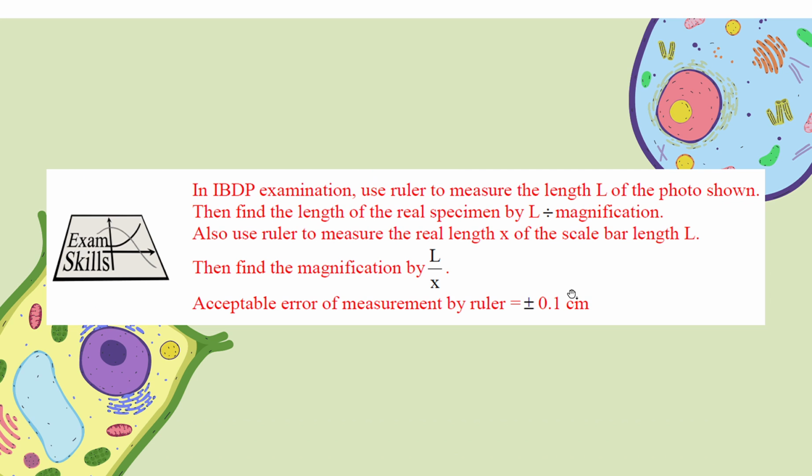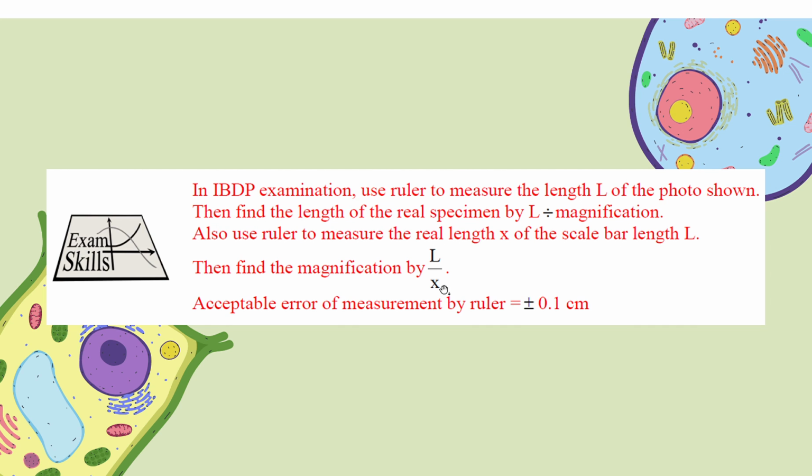In IBDP, remember, you need to do a few steps. First of all, you need to measure the length of the photo. Then you divide it by the magnification to find out the real length of the specimen. Sometimes you need to find out the magnification too. You use the ruler to find the length of the scale bar, and the scale bar has a stated length also.